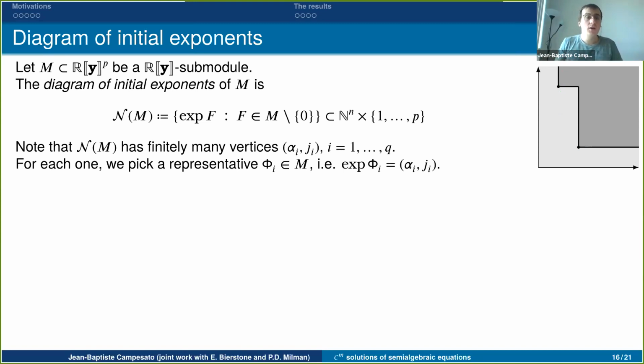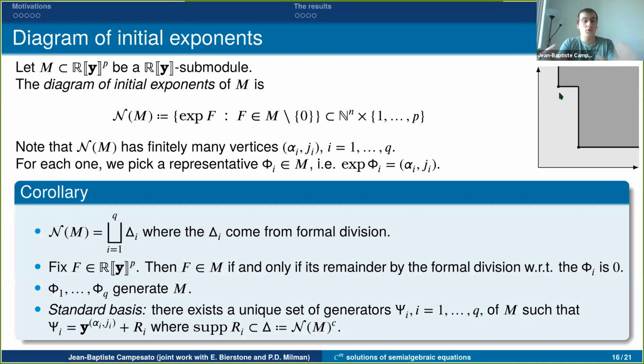And for each of these vertices, I'm going to take a representative, an element of M whose initial exponent is exactly the vertex. And then we have this corollary, which is a consequence of Hironaka's division theorem.